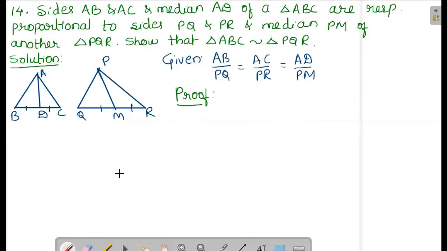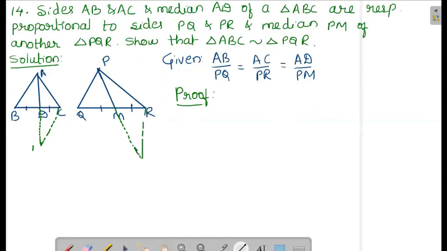Here only I'll make the construction that produces this AD such that AD is equal to DE. I'll take one point here, E, and join CE. Here also I'll extend this, then I'll join these two.